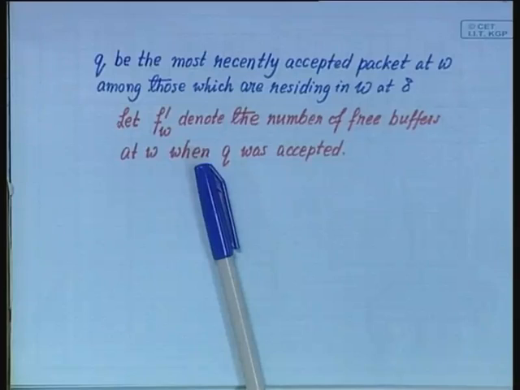So think of the number of buffers. When we are looking at FW, some of the other packets may also have been delivered. So compare FW and F dash W. What did we have in F dash W? That was the point when Q was accepted, okay.